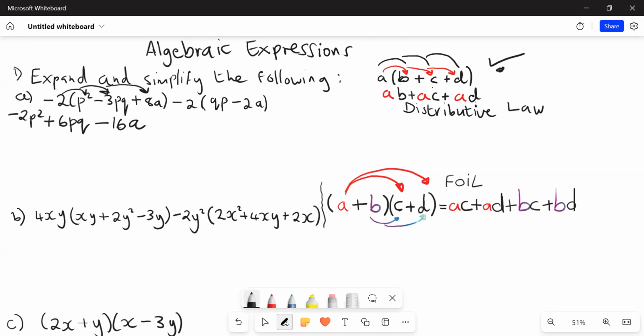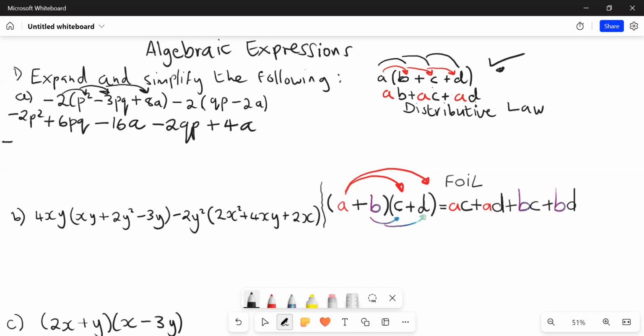We're done with the first bracket. And then -2 times qp, right? We have now -2 times qp, and then -2 times -2a, we end up getting +4a, right? Now we can group the like terms now.